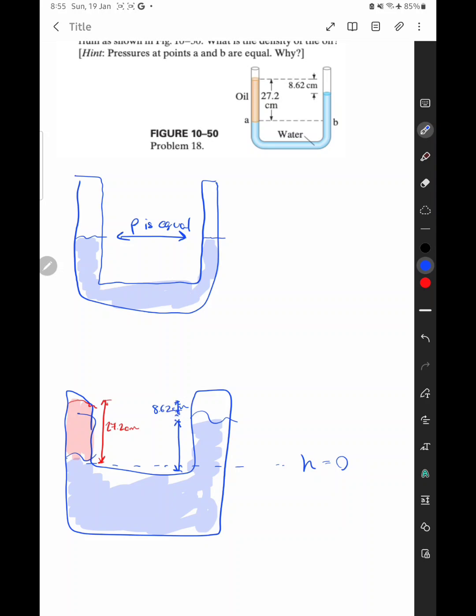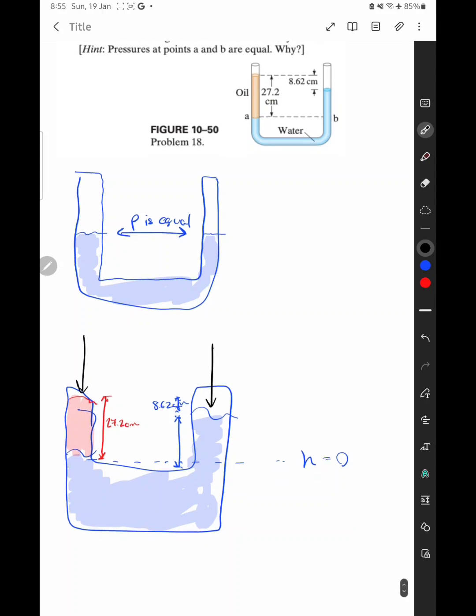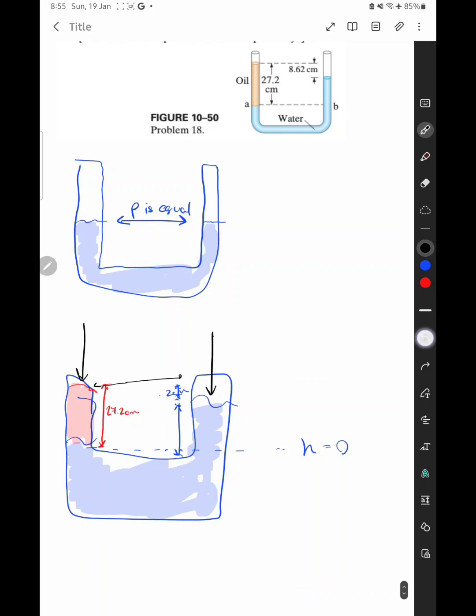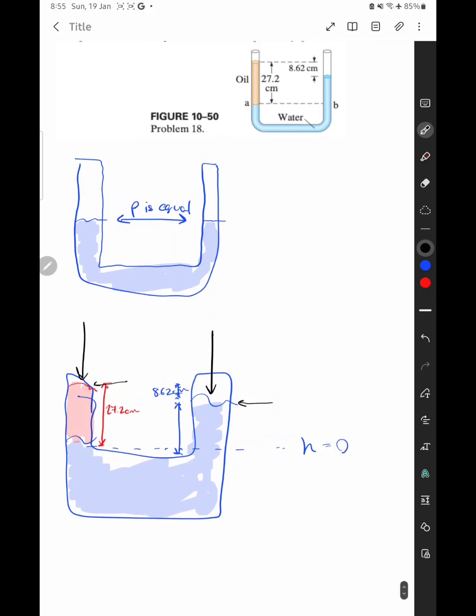All right. So again, you have to remember that atmospheric pressure is pushing down on both of them. That means at the top of the liquids, which is up here for oil and down here for water, pressure is the same because the atmospheric pressure is the same, and that's pushing down on both sides of the pipe. Okay?